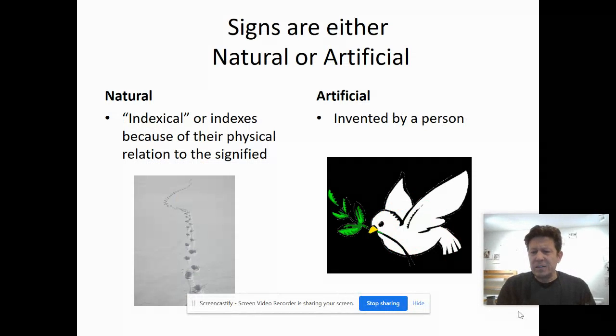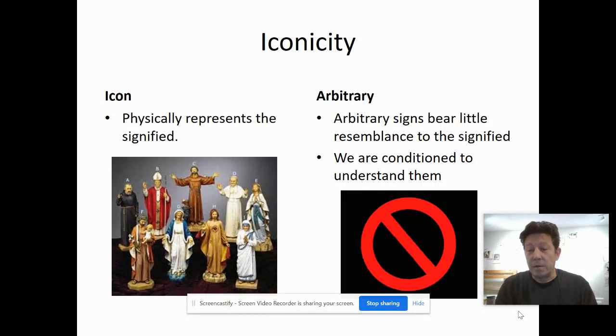So you can see there's a little bit of overlap on some of this stuff because an artificial sign and an arbitrary sign seem like they could overlap. However, the dove looks like something, whereas this circle with a line through it tells us no, which we've learned because it's been communicated to us that that's what that little diagram means.